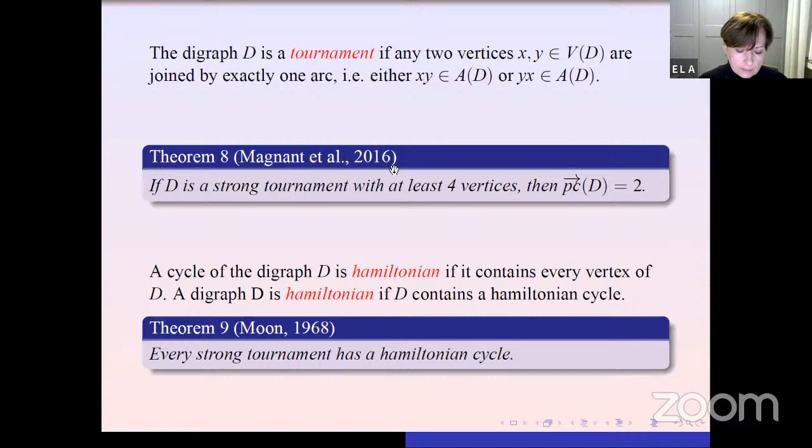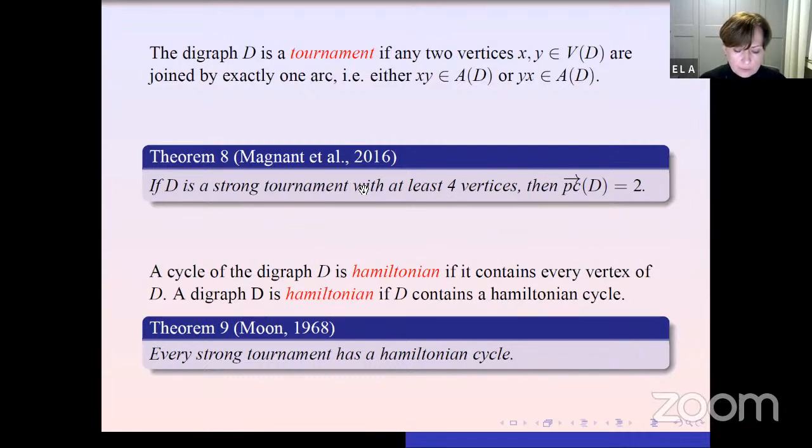These authors prove that if a tournament is strong and has at least 4 vertices, then the proper connection number is equal to 2. If a tournament has 3 vertices, then it must be a cycle, so we need 3 colors. And if it has 2 vertices, then it is not strong. So we must have at least 4 vertices.